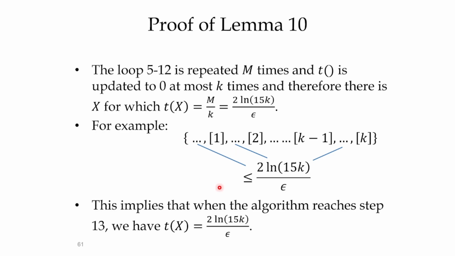We perform this test this number of times at most when it doesn't succeed. And in the worst case, we always find after that many times a relevant variable that we haven't found yet, and we can find up to k relevant variables at most. This implies that when the algorithm reaches step 13, we have t of capital X equal to this number I have said.